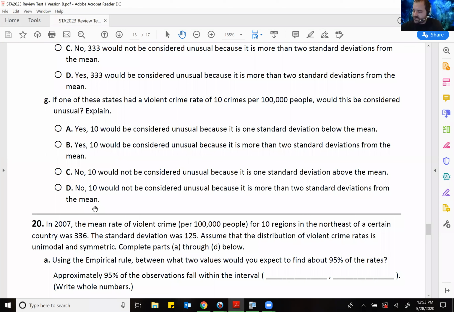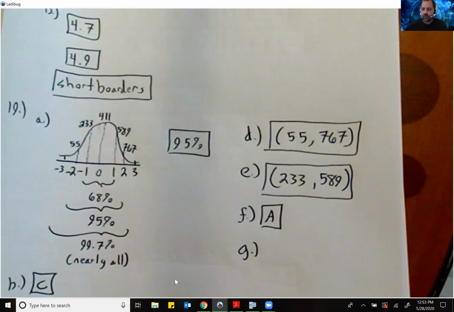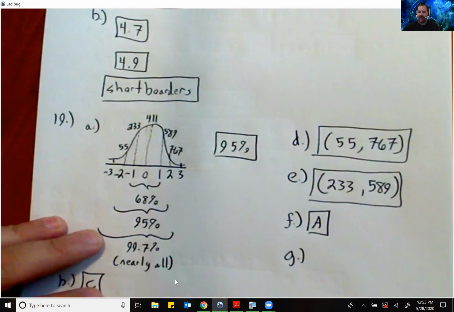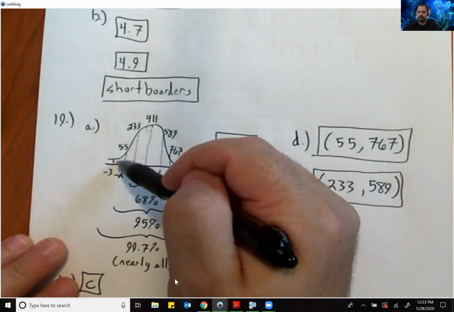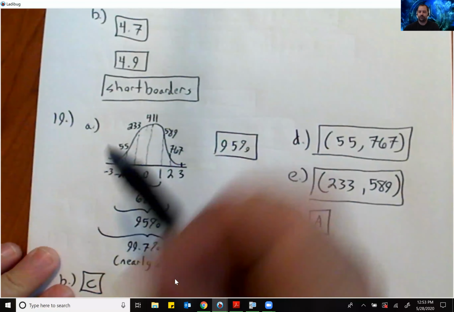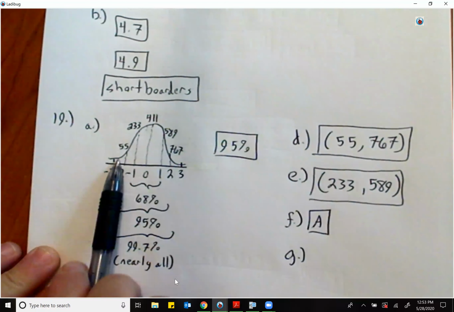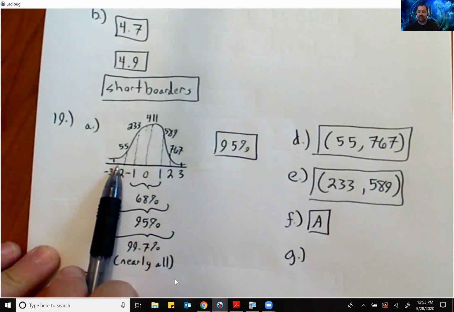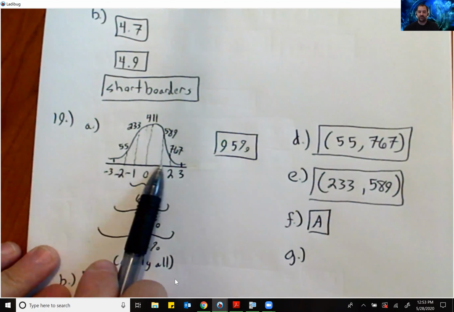Question G says, if a state had a violent crime rate of 10 crimes per 100,000 people, is that unusual? So if we go back to my little chart here, 10 would be down here. Is that unusual? Yes, because you can see that's over two standard deviations away.